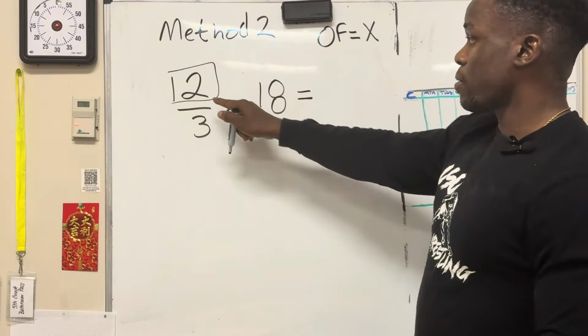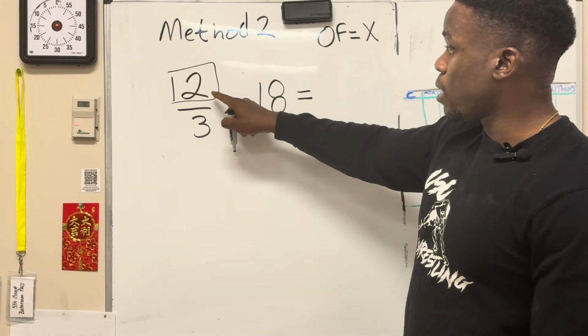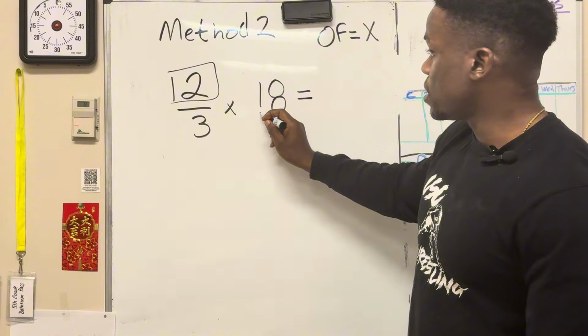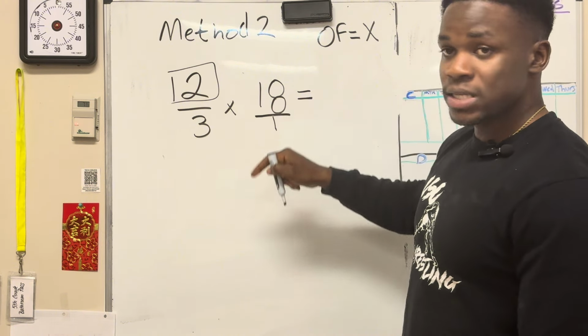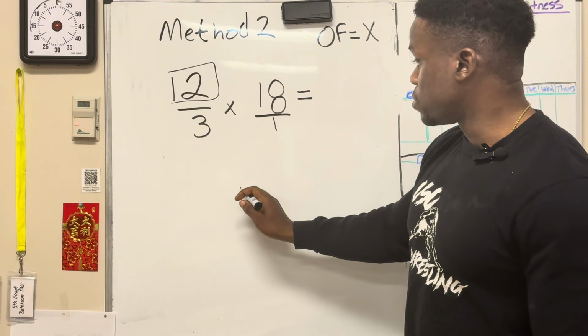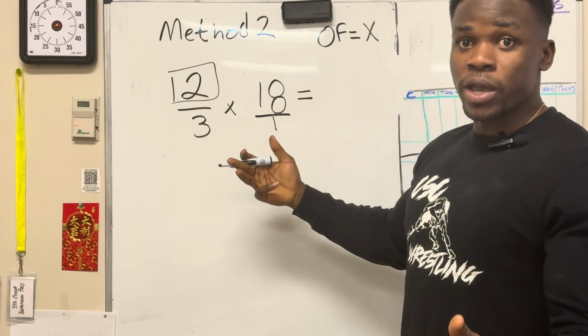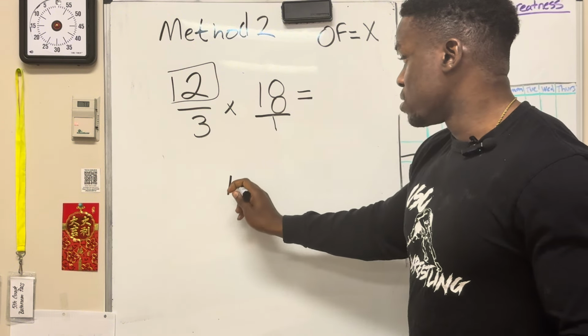Okay. So here, what I will do is the same. If I'm doing method number 1, all I have to do is turn this into a fraction, which is going to be over 1, and then just multiply 2 times 18. Okay, and if you have a hard time multiplying these big numbers, this is where we end up. When we have to multiply the numbers when they're so big, we can still do it.